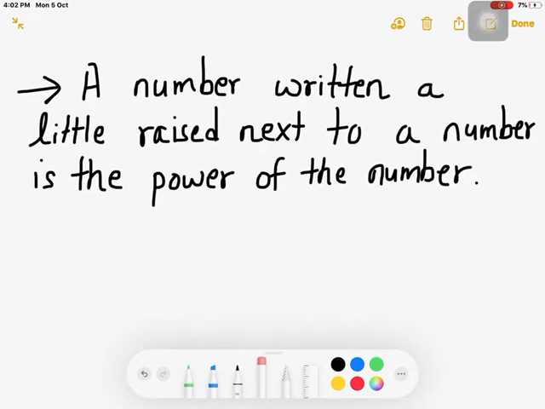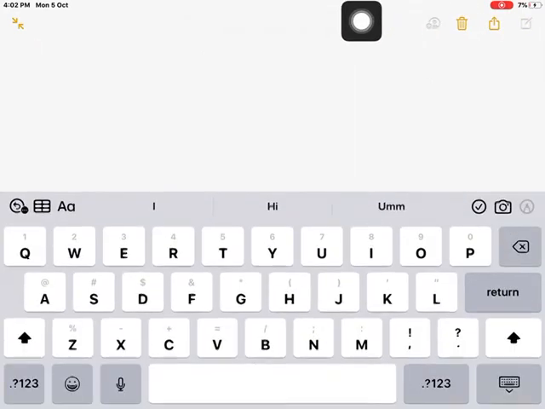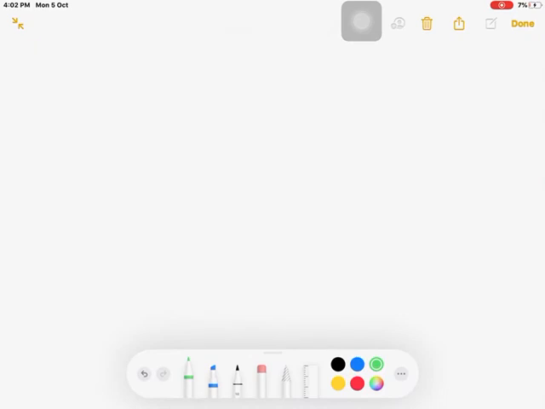So let us go to another. Here we call it index or exponent. Suppose I write any number like 7 power 5, then we call this 5 the power.